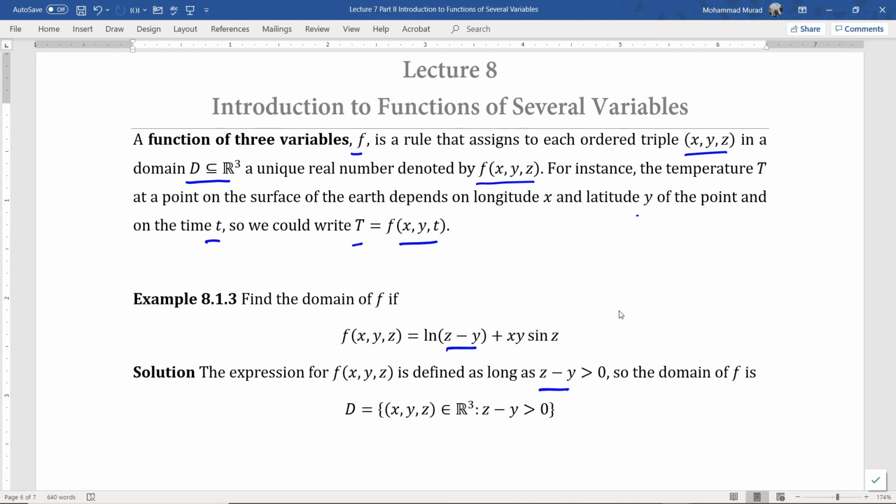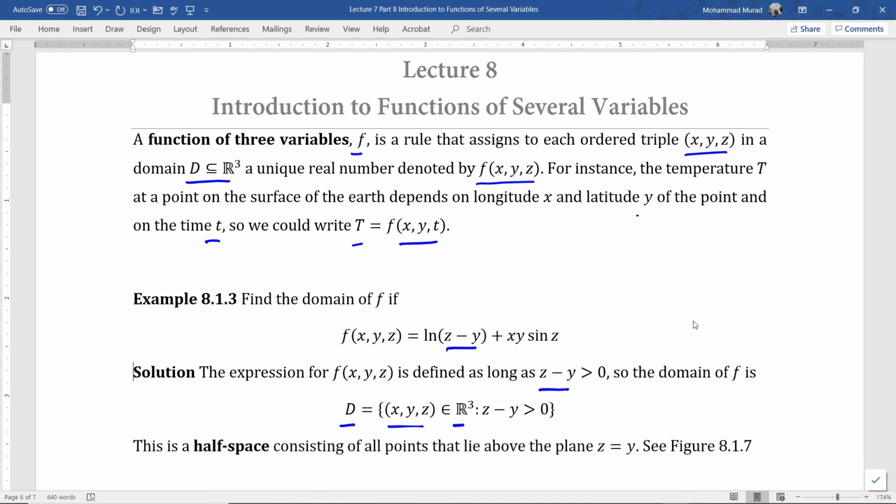So the domain of f is the set D of all ordered triples in R3 space such that the z coordinate minus the y coordinate is greater than 0. This is a half space consisting of all points that lie above the plane given by the equation z equals y, as shown in the following figure.